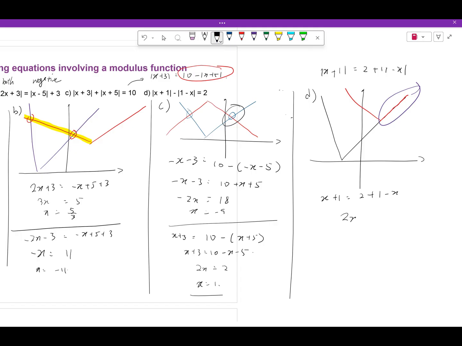So we get 2x equals to 2 and x. 你会发现到一个东西，就是 did I do my math wrong? Sorry, I'm just double checking. A positive and a positive.